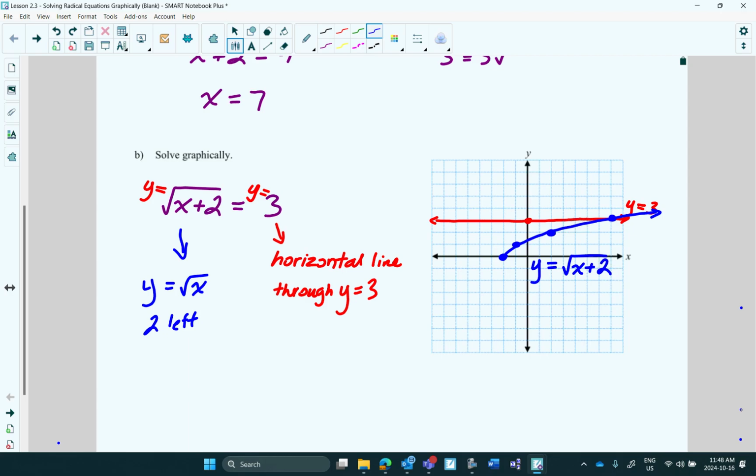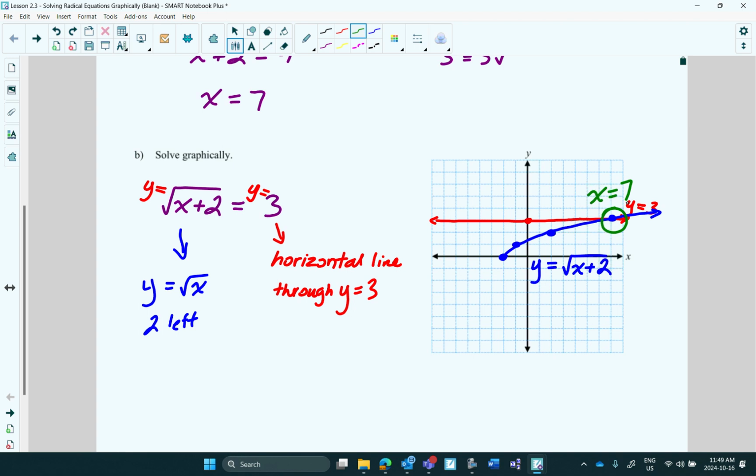Where do they cross? Where do they intersect each other? Right, where x is 7. What do you notice when we solved it algebraically? X equaled 7. So how do you solve graphically?